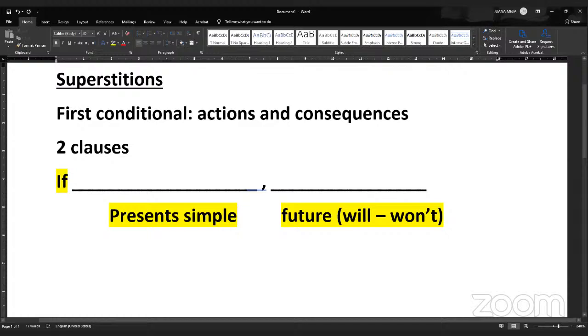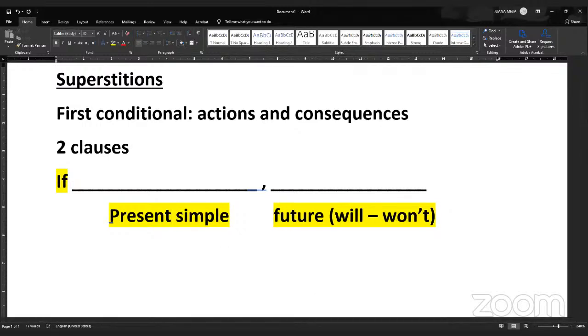Okay, that's right. So guys, please focus on the clauses of the first conditional. You see the difference from the zero conditional. In the zero conditional, both clauses are in present simple. But in the first conditional, clause number one, the conditional clause, is present simple. The second one is simple future, so we use will or won't.